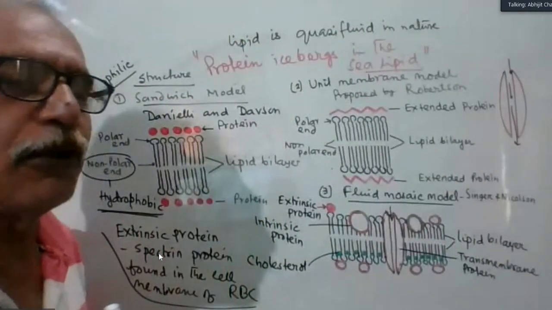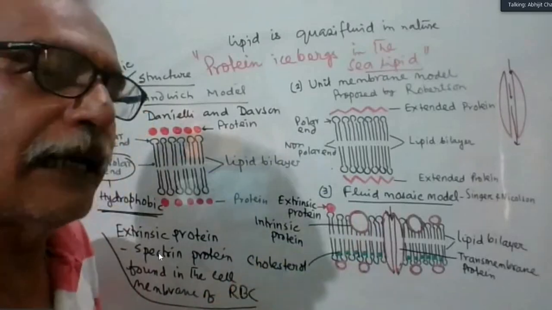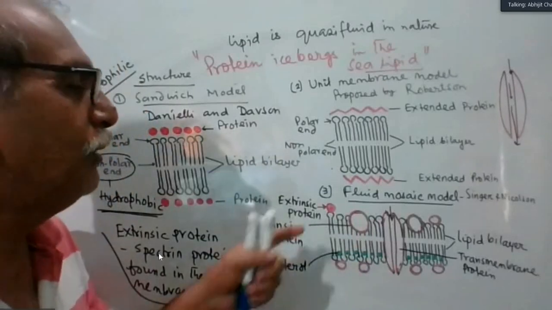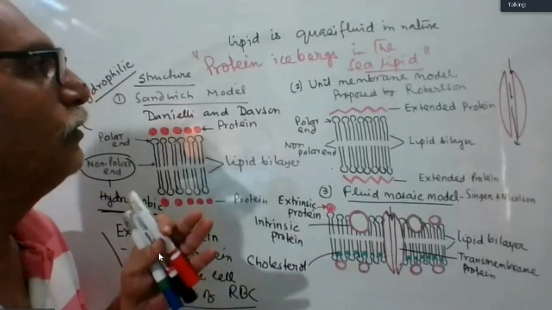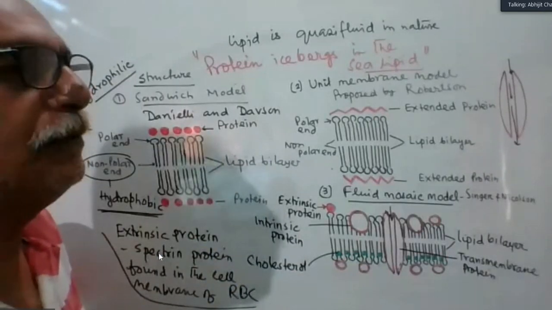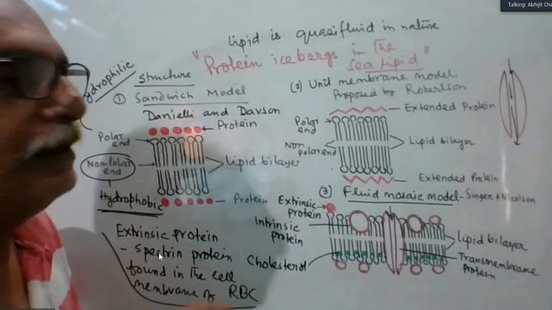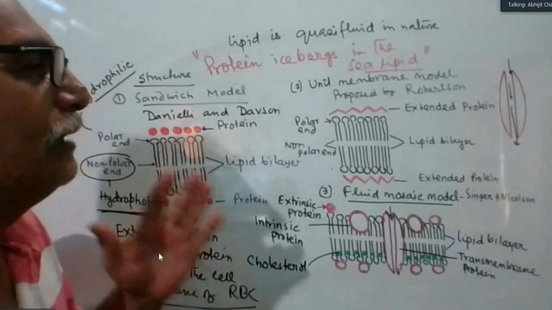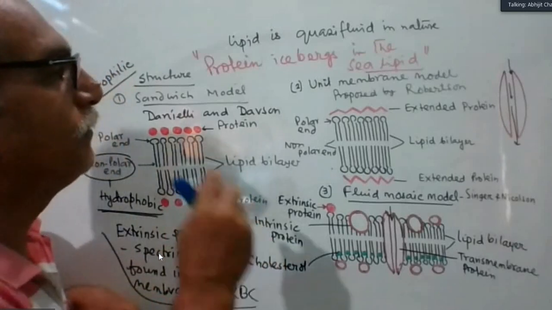Lipid molecules can also move laterally, obviously, but proteins can also move laterally within this lipid bilayer. So, is it clear now? As lipid is quasi-fluid in nature, protein molecules move laterally within this lipid bilayer. Clear? And this ability is measured as a measure of fluidity.